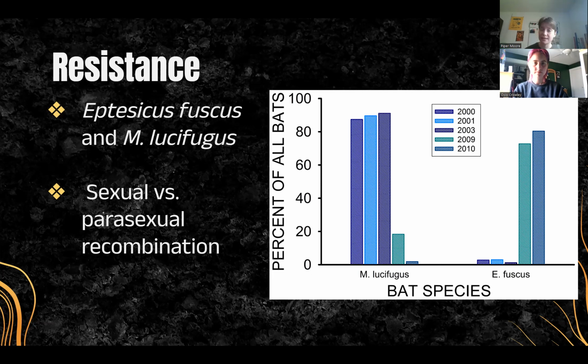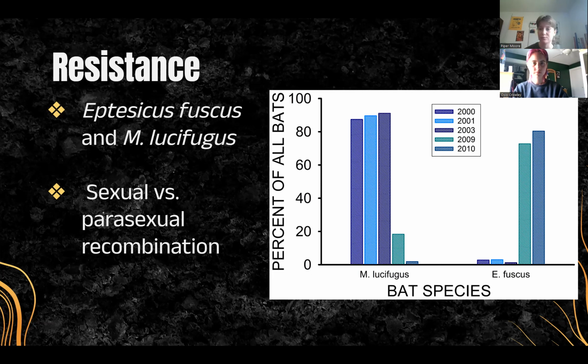It has not faced the same mass mortality as other bat populations, as shown in this graph from the Williams cave mines. The E. fuscus bat population before the introduction of P. destructans, in 2000, 2001, and 2003, was relatively low.